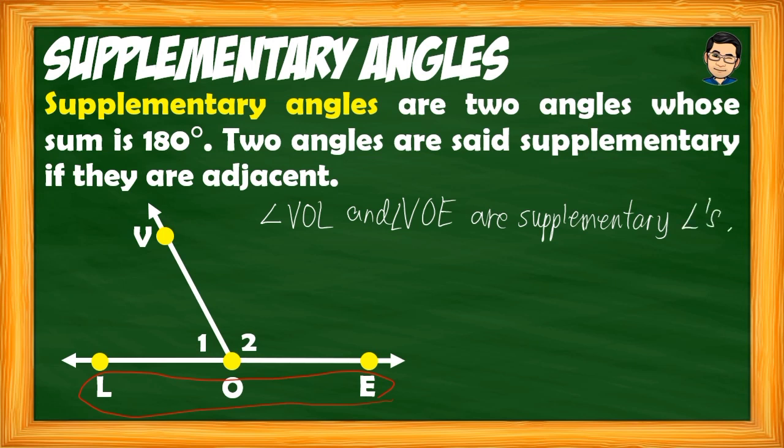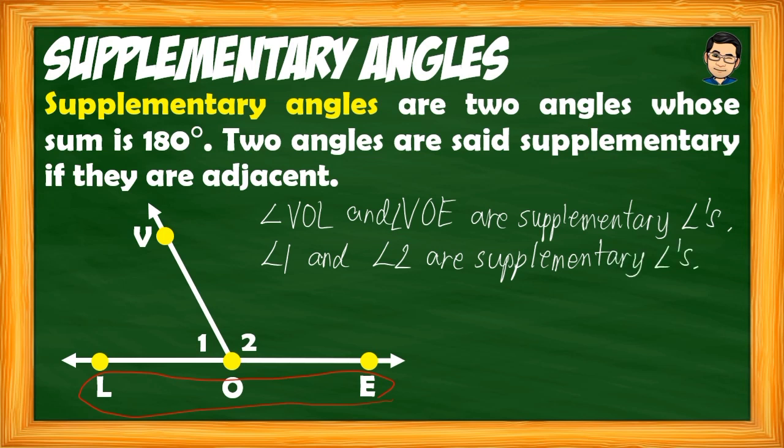So, what else? Again, may mga numbers naman po ulit silang ginamit dyan. So, angle 1 and angle 2 are what? Supplementary angles. So, madali lang naman tandaan ang complementary saka supplementary. Complementary angles, 90 degrees ang sum. Supplementary angles, 180 degrees. So, sulat natin kung paano natin papakita yung sum na 180 degrees.